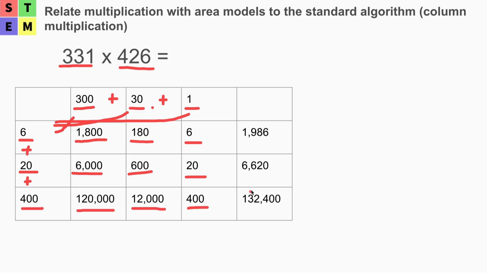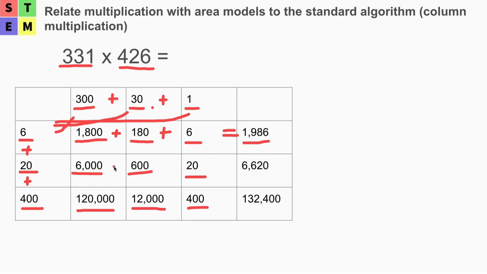Right, so the next step is we're going to add them together. So 1,800 plus 180 plus 6 equals 1,986.